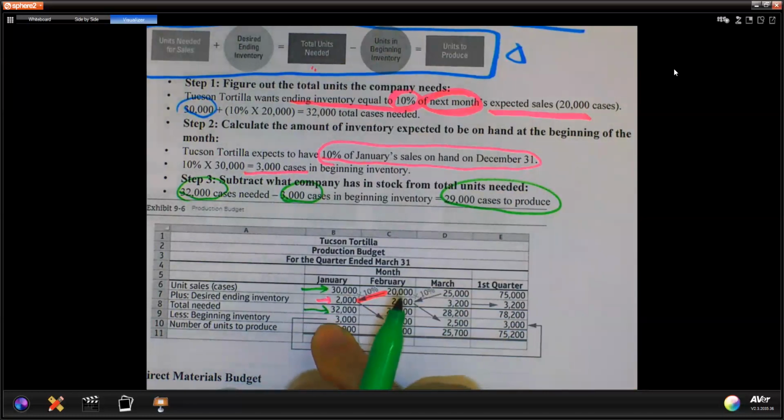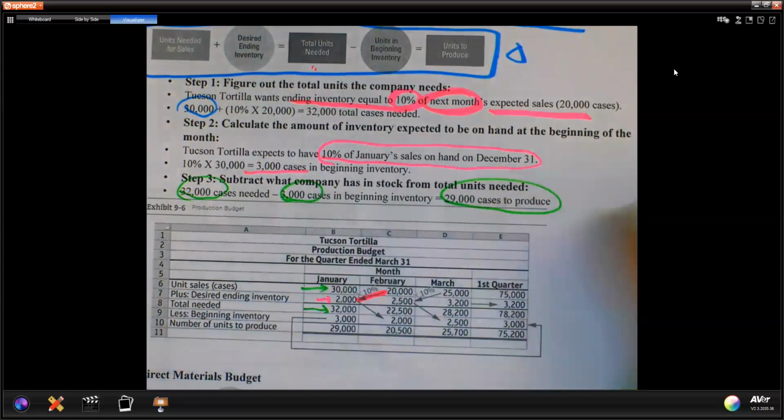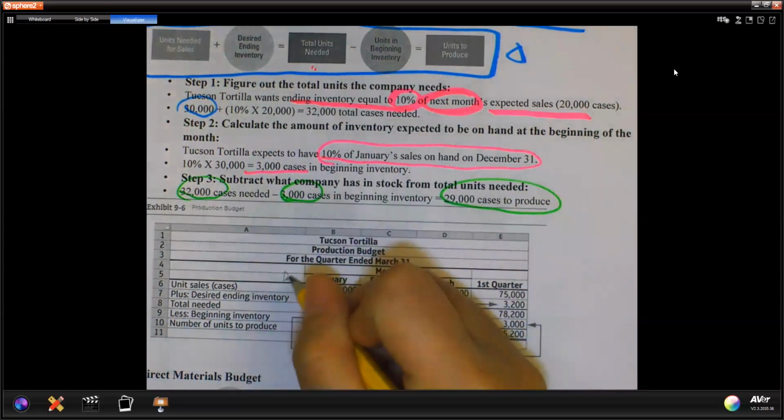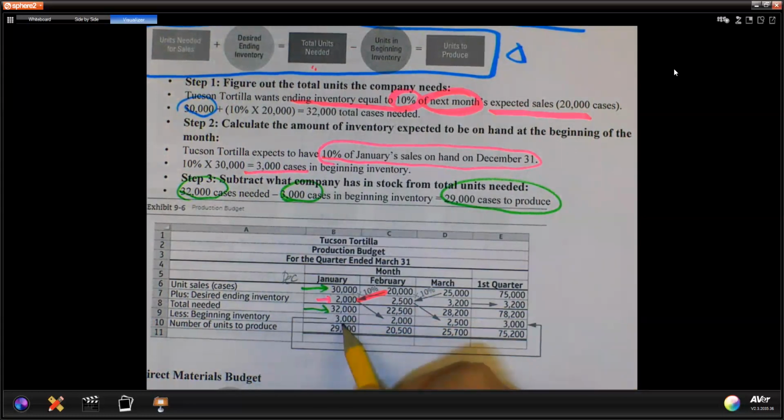But we have our own inventory as the beginning inventory. January should have a December before it, and December's ending inventory is 10% of your January 30,000 sales. So that will become your beginning inventory of January.